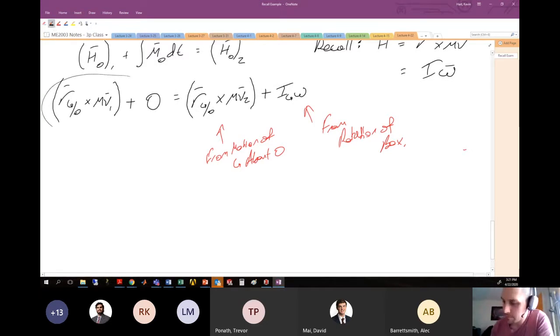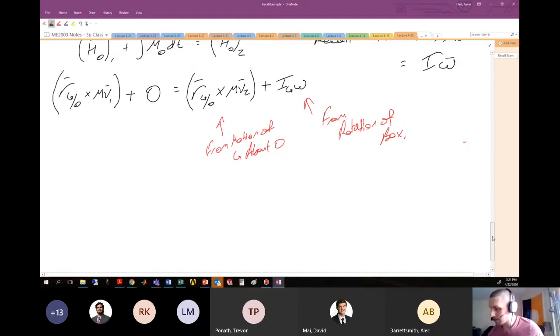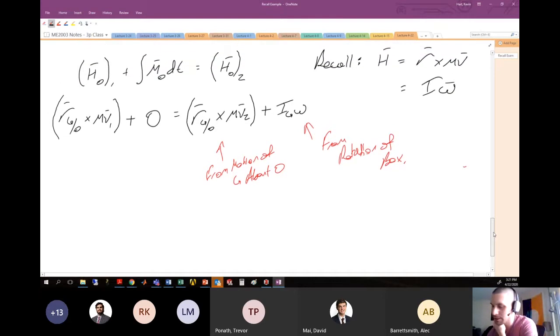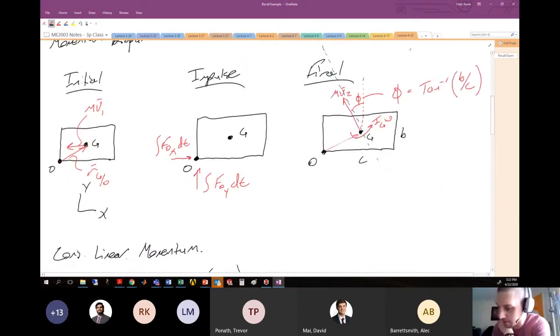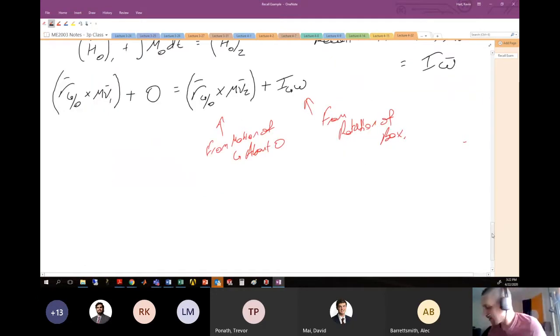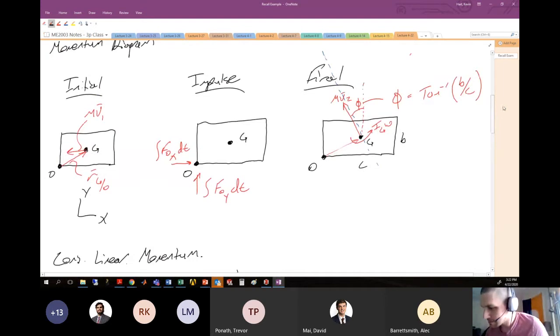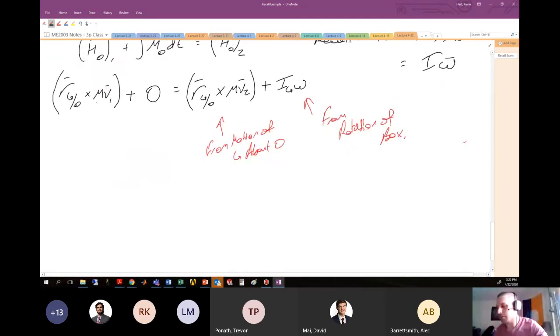First is this term, RGO cross MV1. That is the cross product of the position vector that locates the center of gravity with the linear momentum MV1. So I'm crossing this vector here with this vector here. Those are the two things I'm crossing with each other.